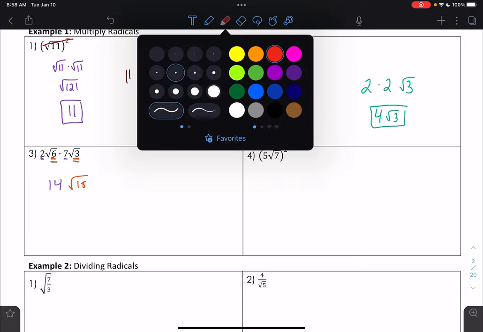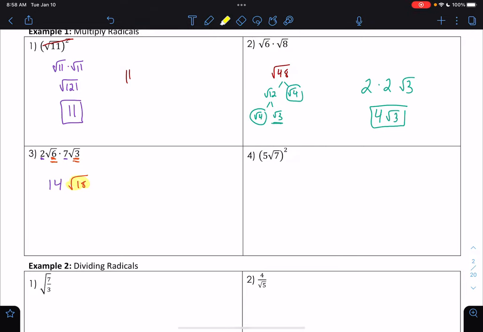So I'm going to take this square root of 18 and break that down into the square root of 9 and the square root of 2. The square root of 9 means a 3 gets to come outside. The square root of 2 means 2 is stuck underneath.